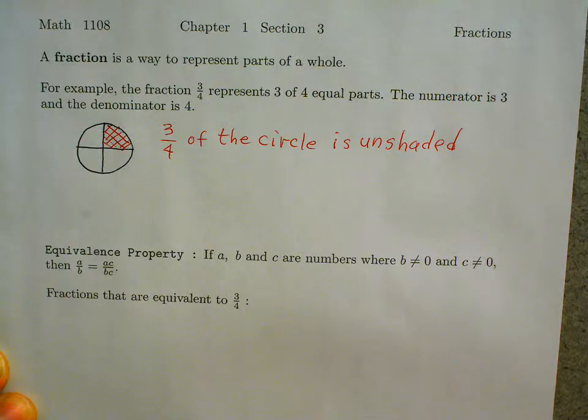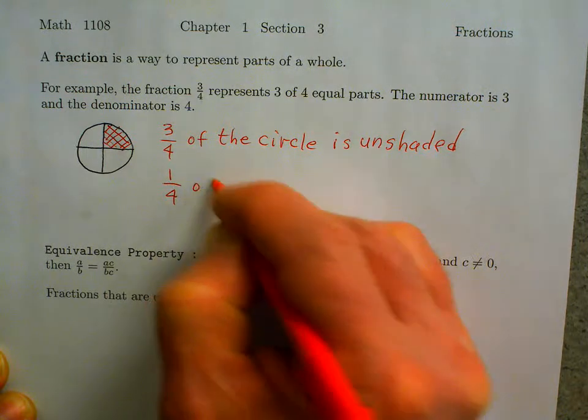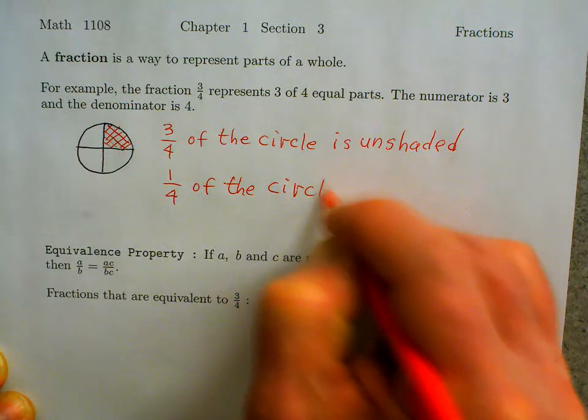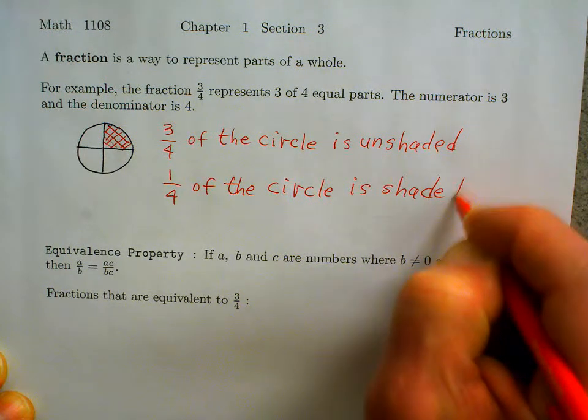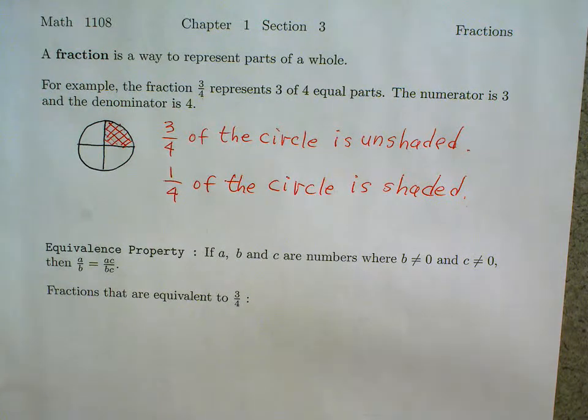So 3/4 of the circle is not shaded. We could also say that 1/4 of the circle is shaded. That's just a graphical illustration of how fractions can be used.